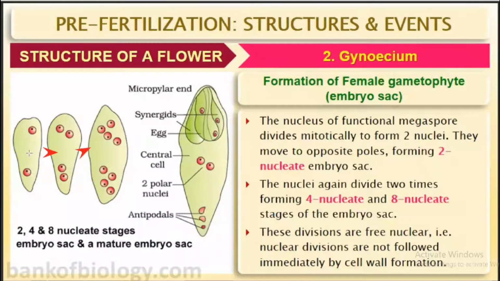In the first mitotic division there is no change in the chromosome number. During the first division it changes into 2 nuclei. In the second division, 4. In the third division, the 8-nucleate stage.